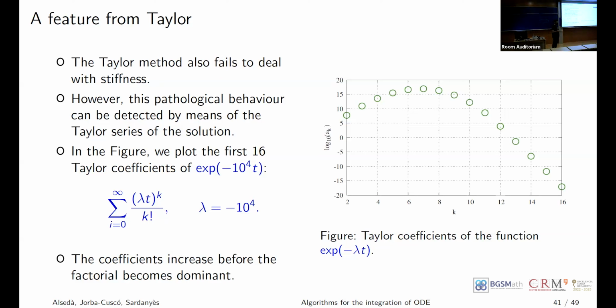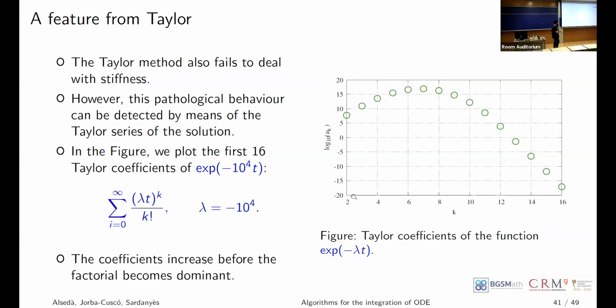So in the Taylor series of stiff solutions, you can observe behaviors like this. Again, I'm showing the base 10 logarithm of the absolute value of each Taylor coefficient. And you can see that it goes a little bit larger than 10 to the 15. That's large. So it grows a lot. And then at some point, the factorial wins, and this decreases quite fast.